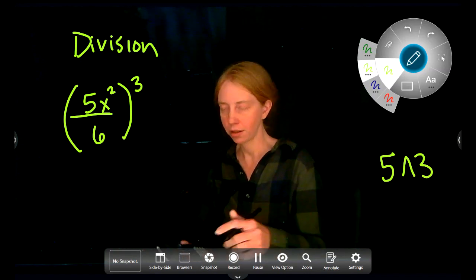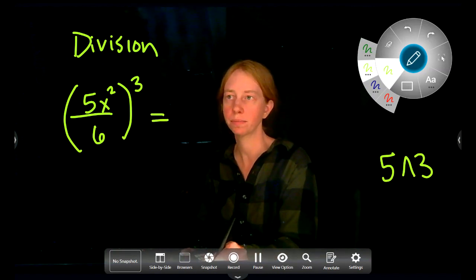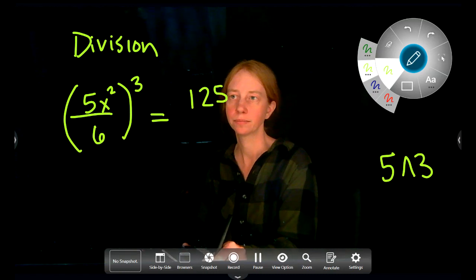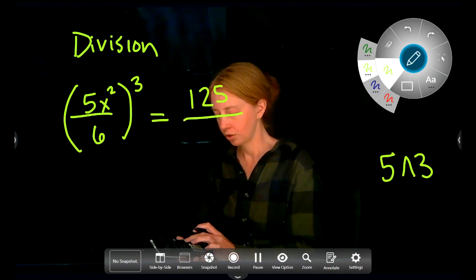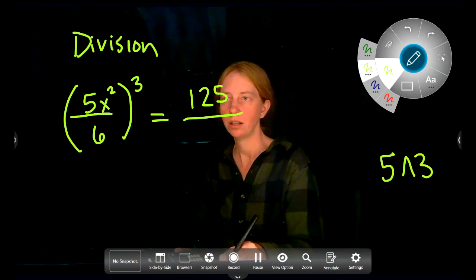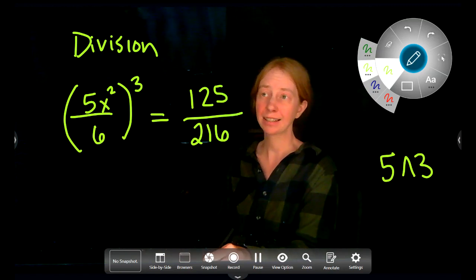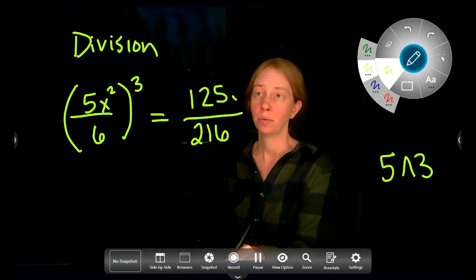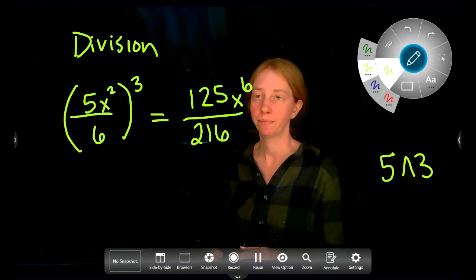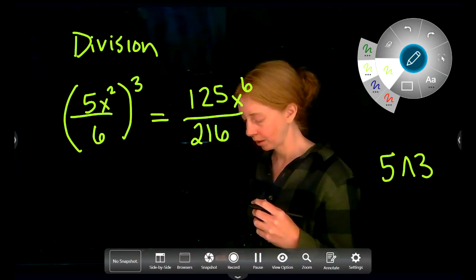Okay, so 5 to the third equals 125. Okay, 6 to the third is 216. I don't think we can reduce that, so I'm not going to try. We still have this x that we're dealing with, and remember, when we have that, we multiply 2 times 3 because we're raising a power to a power. That's what you're doing here, okay?